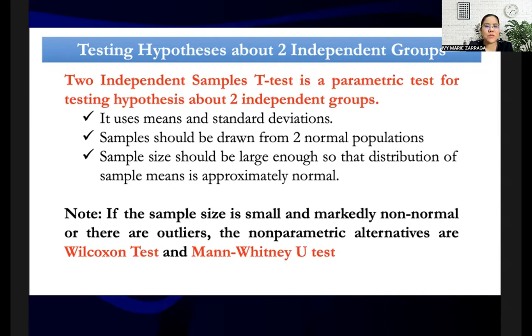For the assumptions of the T-test for two independent groups, first, it uses means and standard deviations. Since T-test for two independent groups is parametric, usually for the non-parametric equivalents, you have to use the mean ranks or the median. So samples should be drawn from two normal populations.